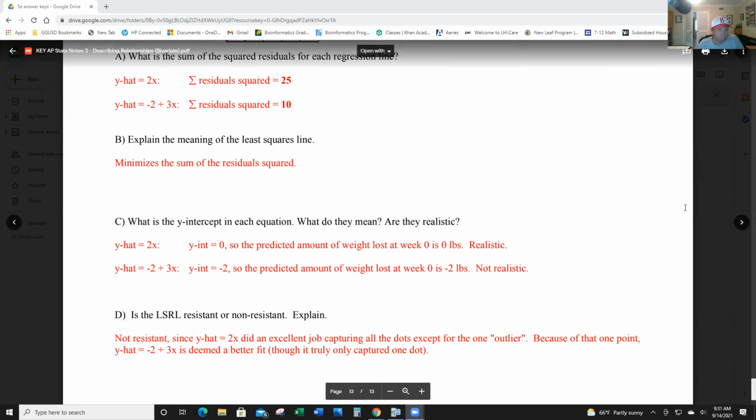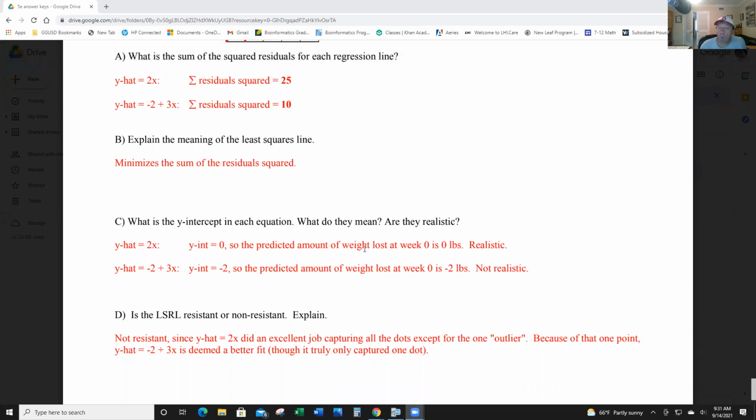Okay. So the y-intercept in each equation: the first is y hat equals 2x. So the y-intercept is 0. So the predicted amount of weight lost at week 0 is 0. That makes perfect sense.